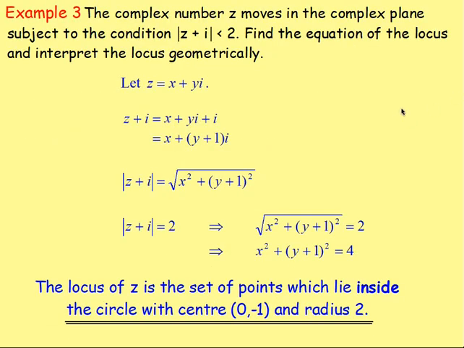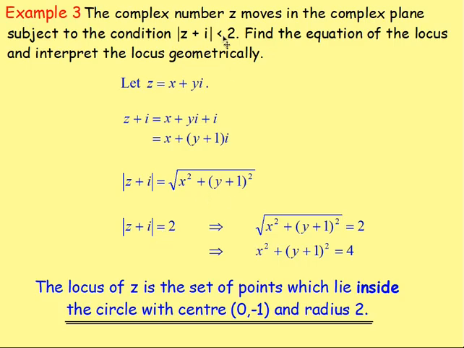With this one here, look out for questions like this. We were told that there's a condition where the modulus of z plus i is less than 2. Once you work through this, just have z equals x plus yi, work out what z plus i would be, take the real parts and the imaginary parts, and work out the modulus of that. It'll be the square root of the real part squared plus the imaginary part squared.